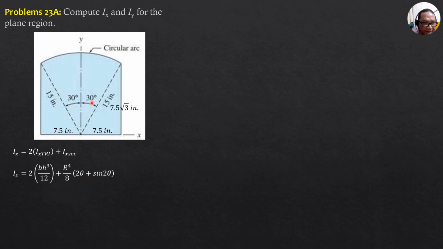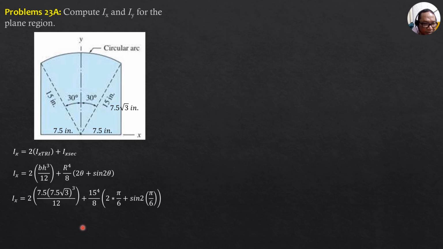Theta is pi over 6 radians, that's 30 degrees. So substitute 2 times 7.5, quantity 7.5 square root of 3 cube over 12 plus 15 to the fourth over 8, quantity 2 times pi over 6 plus sine of 2 times pi over 6. This is sine of pi over 3, or sine of 60, square root of 3 over 2. This is pi over 3.